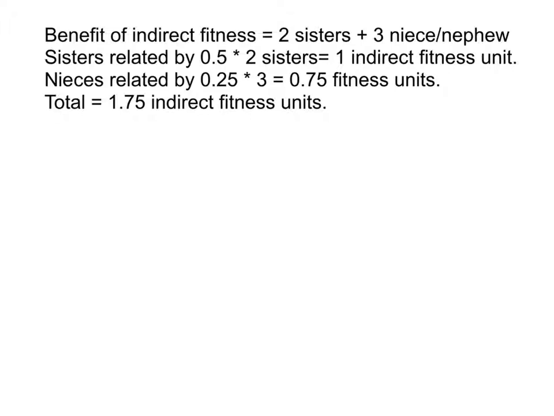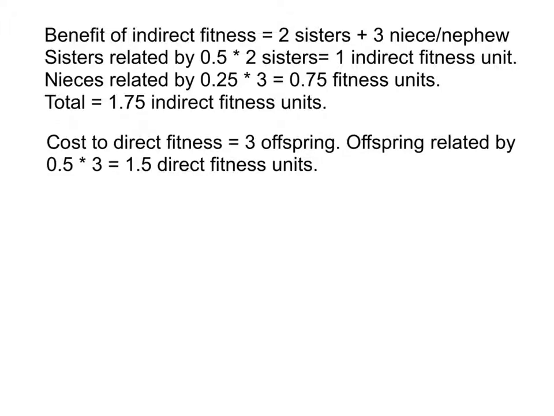Nieces and nephews are related by 0.25 to their uncles or aunts. And since there's 3 of those, we have 0.75 fitness units. So the total benefit, in terms of indirect fitness, is 1.75.